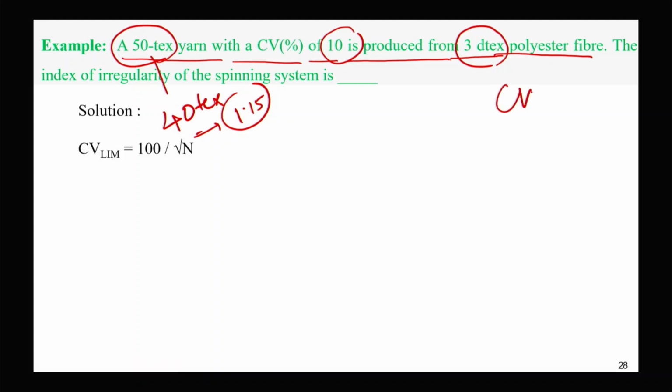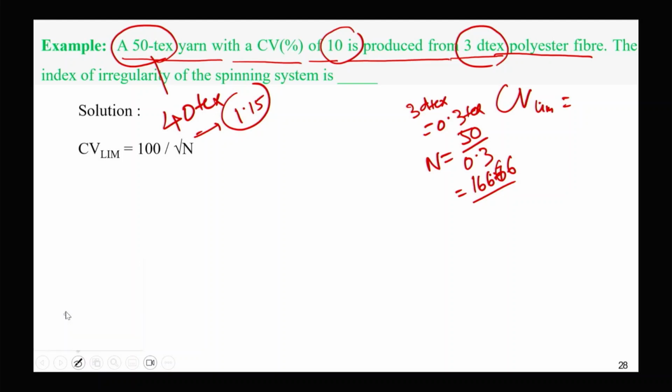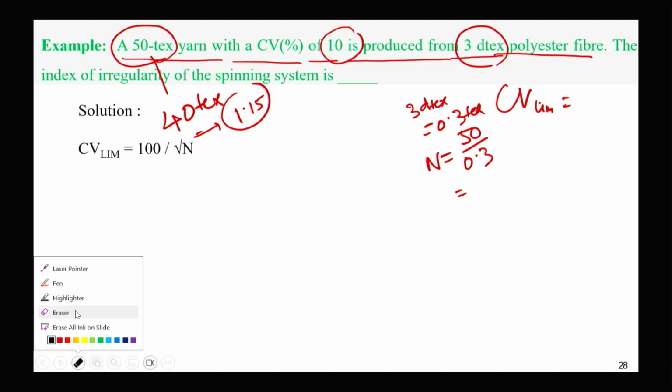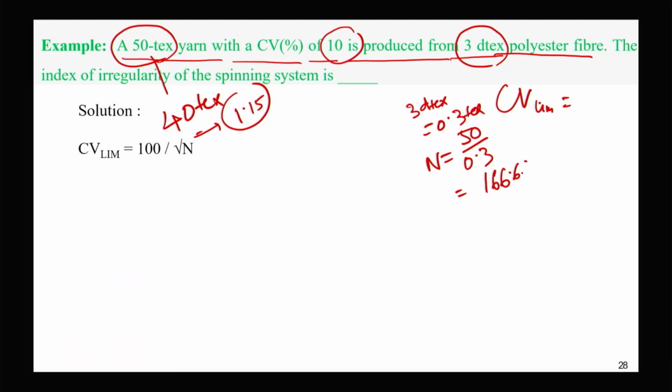The CV limit here we have to calculate. 3 decitex means 0.3 tex, so the number of fibers in the cross section will be 50 by 0.3, which is 166.66. The CV limit will be 100 by root 166.66, which becomes 7.74.